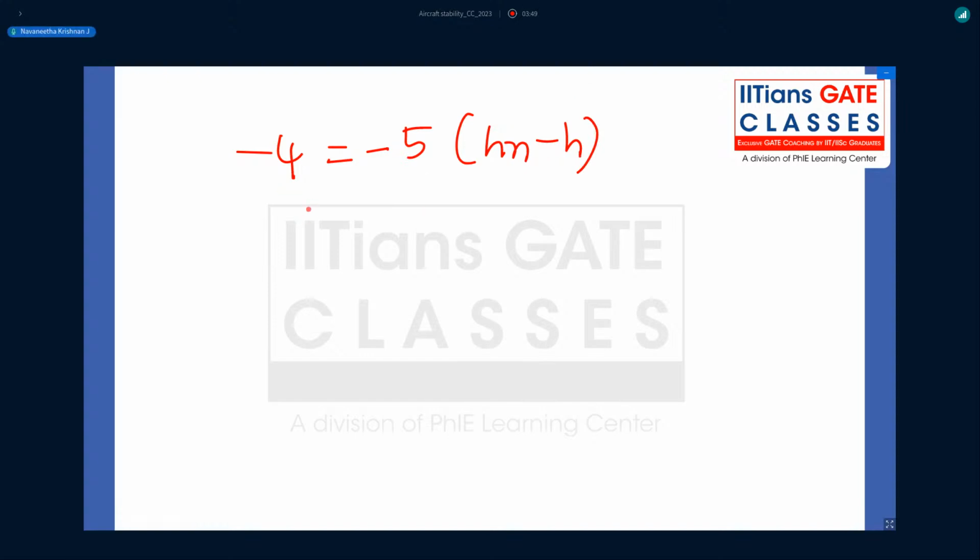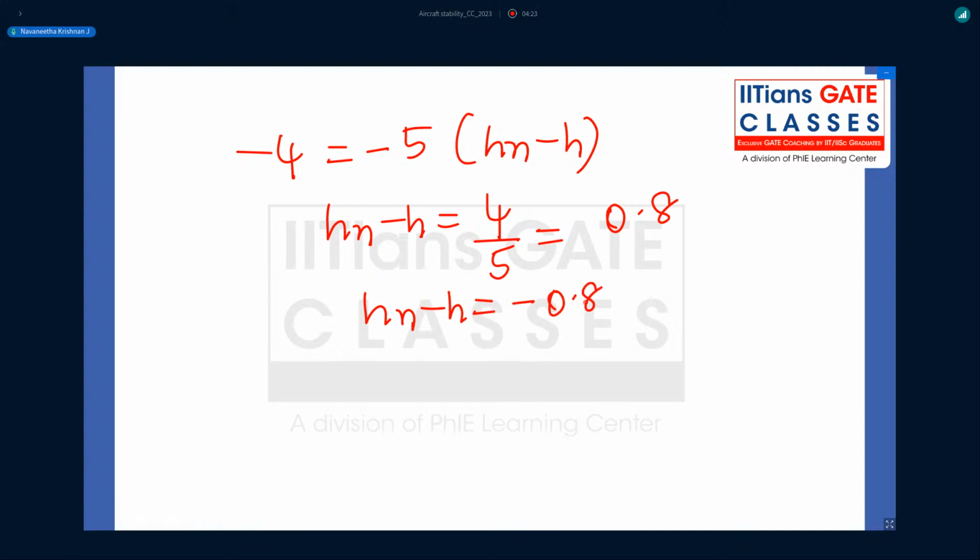So 4 divided by 5 is Hn minus H, which is 0.8. Since they say it is positive towards the nose, and Hn minus H is towards the trailing edge, it is a negative value. Hn minus H equals minus 0.8.